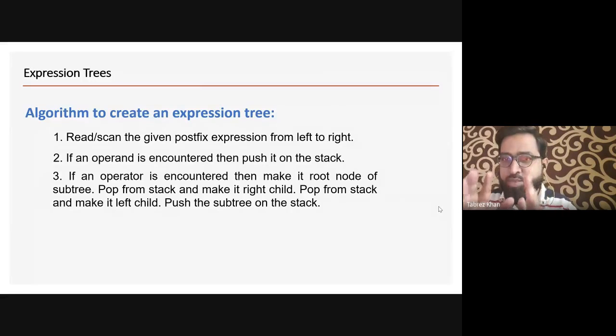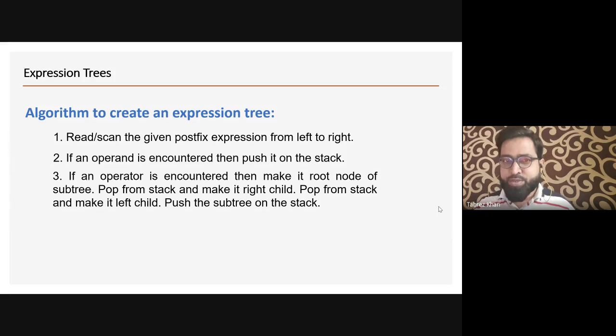When I say a node is pushed onto the stack, I mean to say a pointer to that node is pushed onto the stack. So my stack is implemented as an array, and that array is not an array of integers, it's an array of pointers. And pointers to what? Pointers to node. So when I say a node is pushed onto the stack, I mean a pointer to that node is pushed onto the stack.